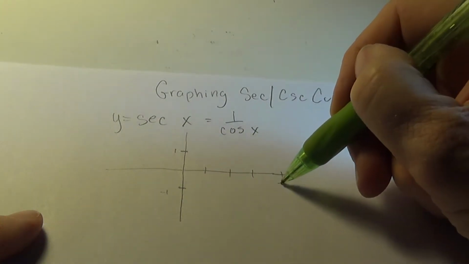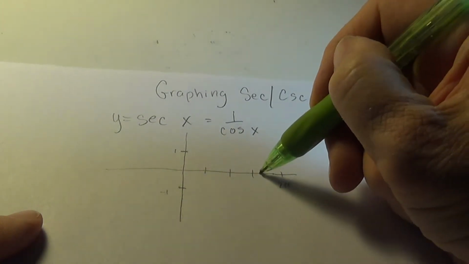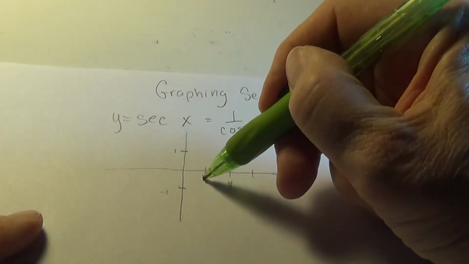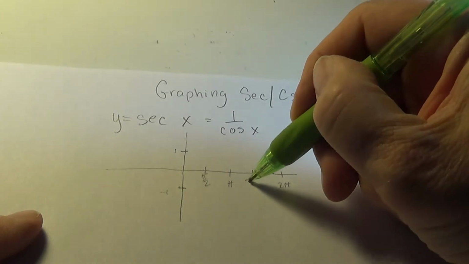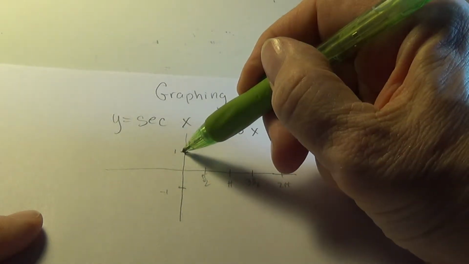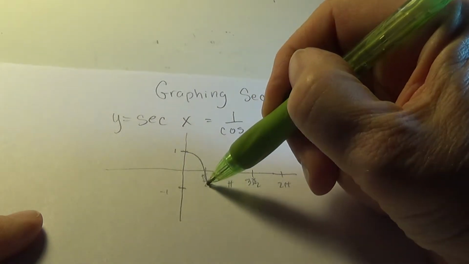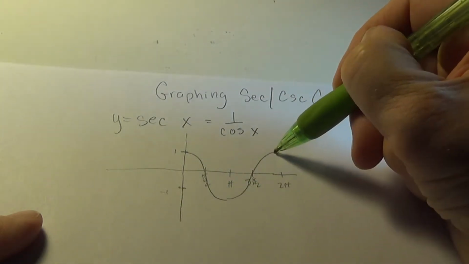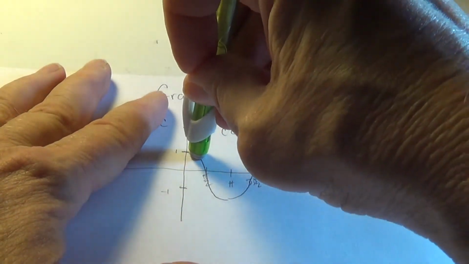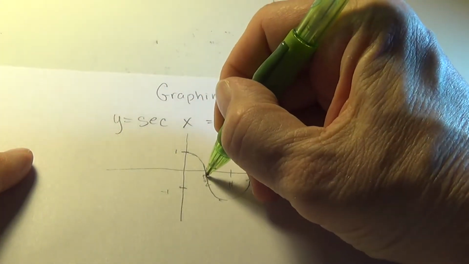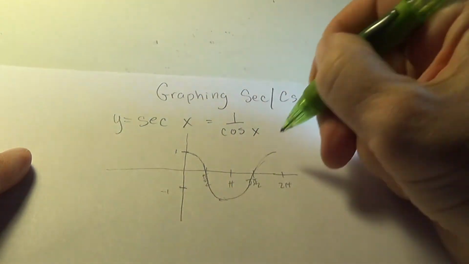Here are my tick marks, 2 pi, pi, and pi over 2, and this one was 3 pi over 2. So you recall cosine starts at the top, comes down, bottoms out, comes back up, and goes like that. Actually, I wanted to draw that lighter, so I'll lighten it up and make the next one even darker.